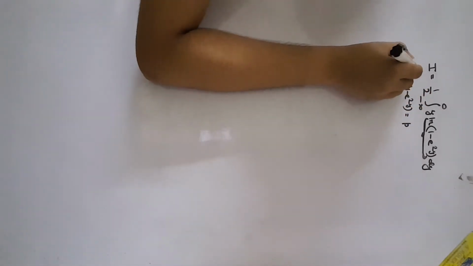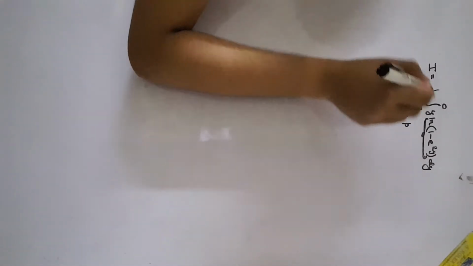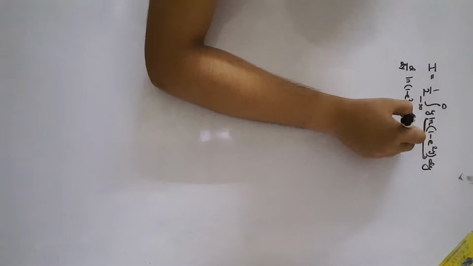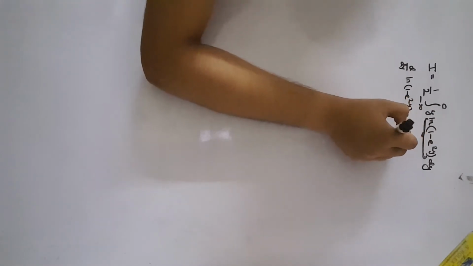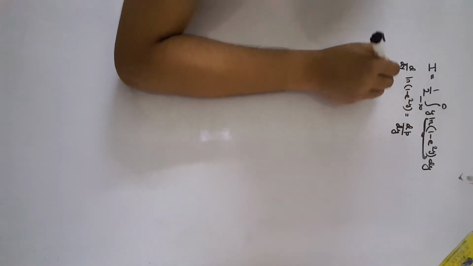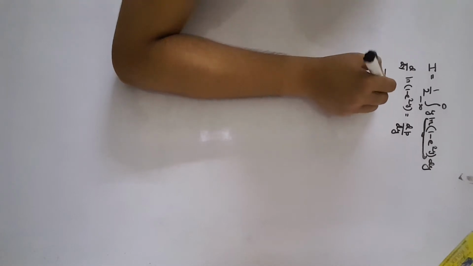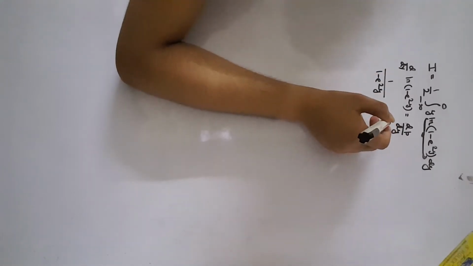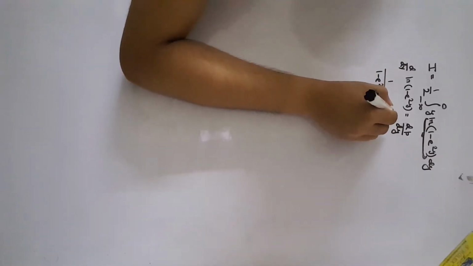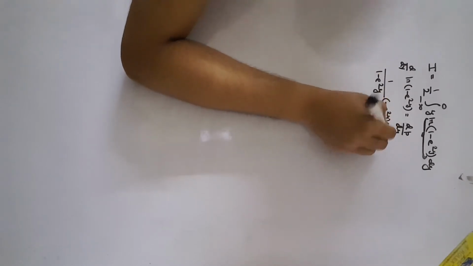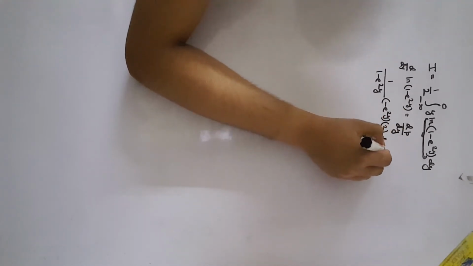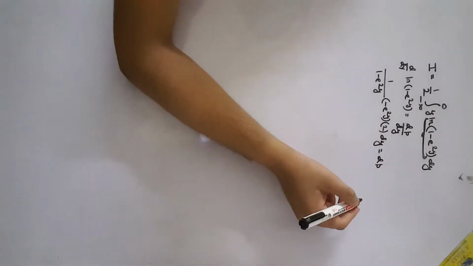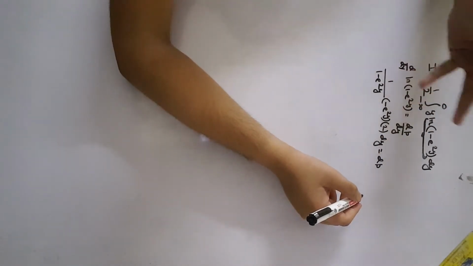Now let us suppose that we differentiate both sides with respect to y. First of all, by applying the chain rule, we can have this differential as minus e to the power of 2y into 2 dy is equal to dp. You can solve for this; it is just a chain rule of derivatives.